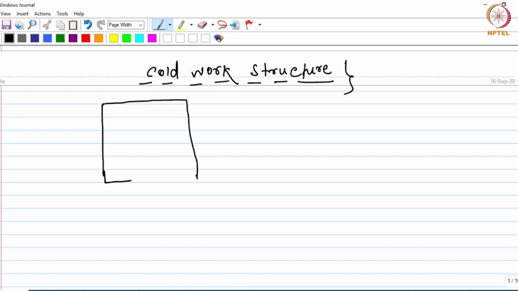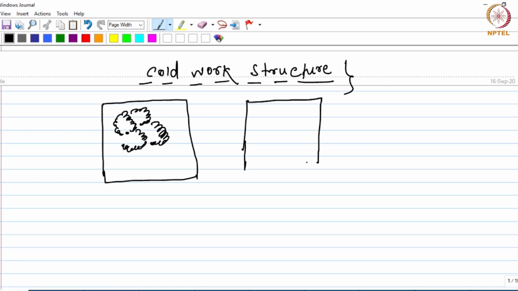For example, they can form dislocation cells having cell walls made of dislocations. So dislocations can tangle like this and form this kind of cells. And as you increase the level of cold working, these dislocation tangles can take up the form of well-defined cells.